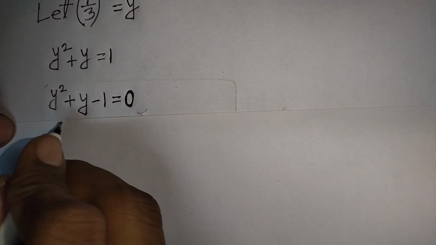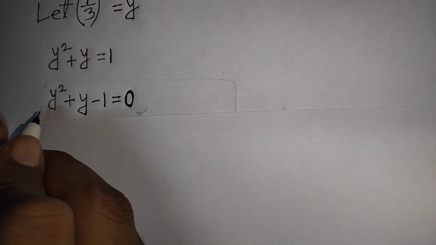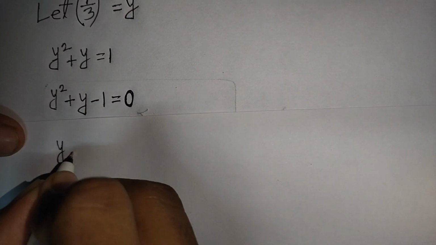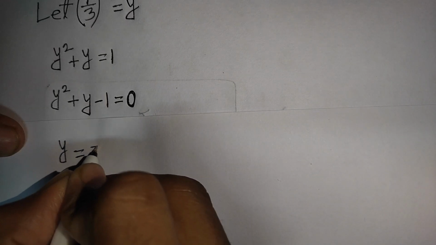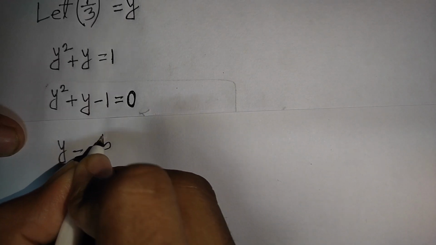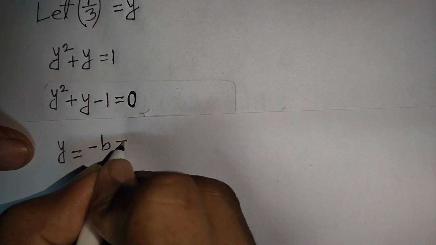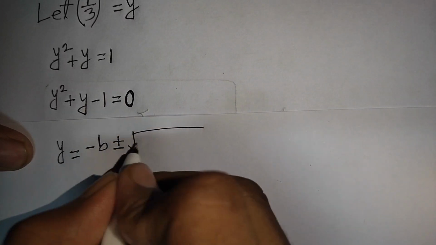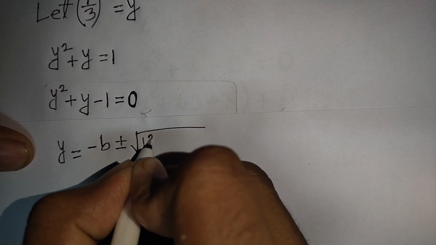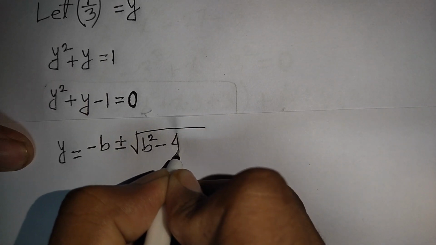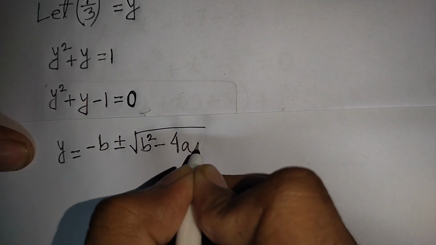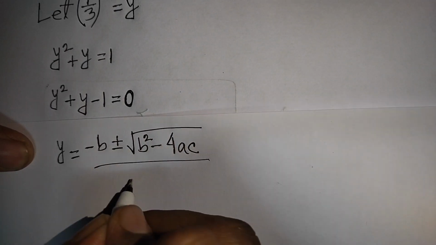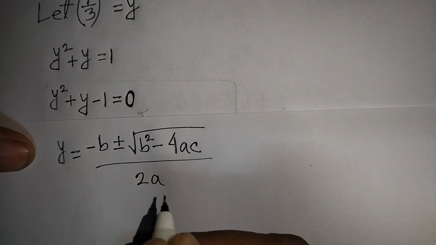Now here you can apply the quadratic formula, so you can write here y is equal to minus b plus or minus the square root of b square minus 4ac, divided by 2a.